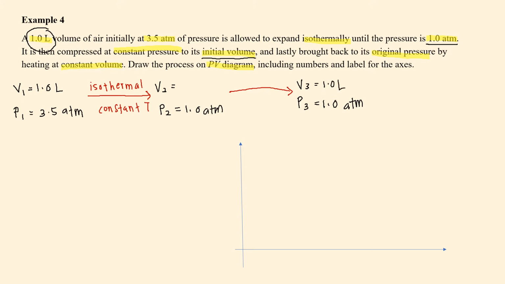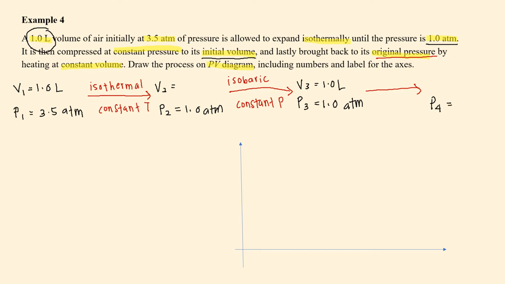Okay, so this one, kalau pressure adalah sama, so constant pressure, we call it as isobaric process, where the pressure is the same. And lastly, last process, brought back to its original pressure. Bawa semula kepada pressure original.